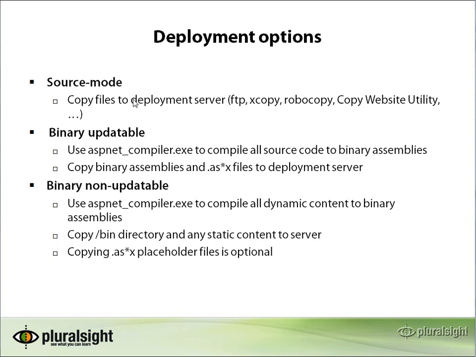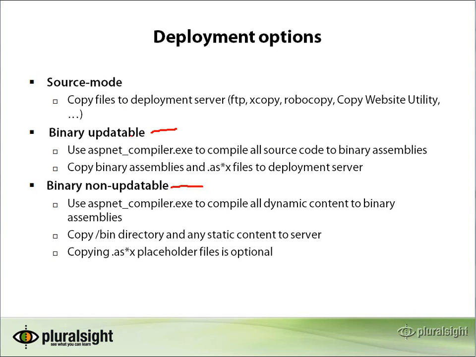So that's copying. That's the source mode deployment, right? Literally taking files and copying them from one place to another. And again, whatever copy utility makes sense for you. There are two other options, however. So in addition to the source mode deployment, also known as Xcopy, there's a binary updatable and a binary non-updatable mode. And we'll take a look at these in more detail next.